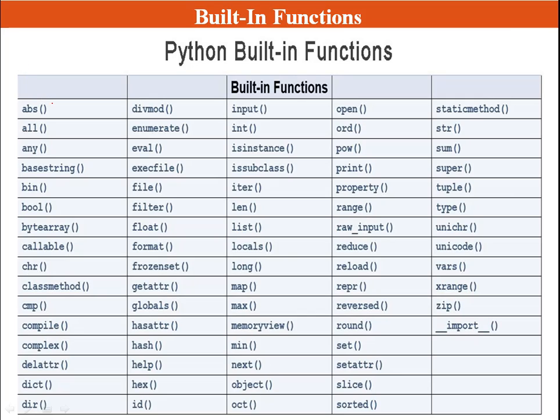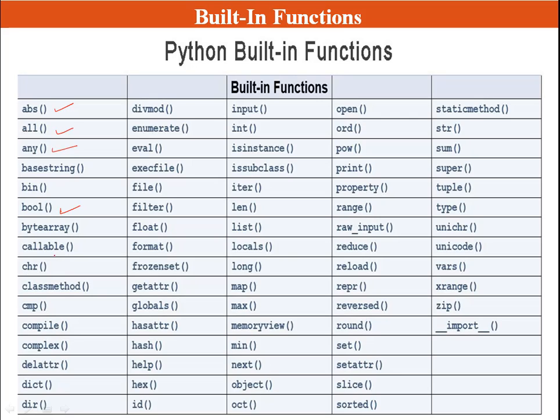In almost all the data structures and data types we have seen, if you talk about list, tuple, dictionary, we have seen all, even any we have seen. Bool we have already seen for boolean, for compare we have seen this, dict we have seen, right?